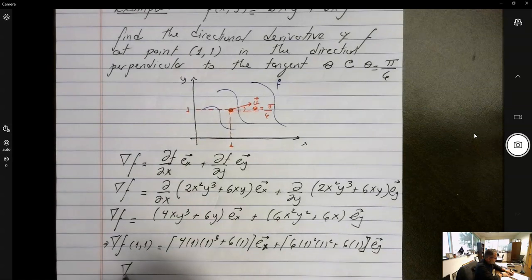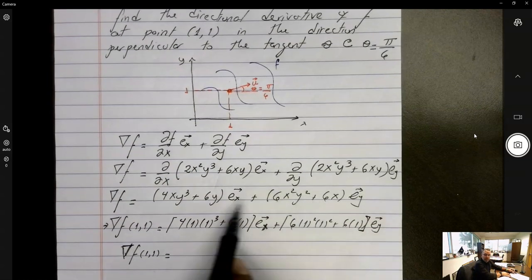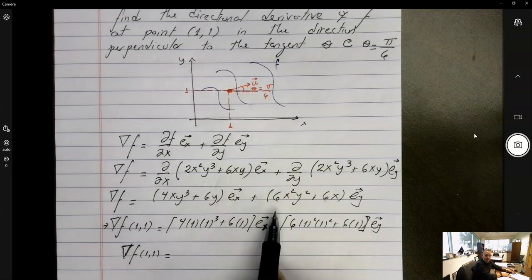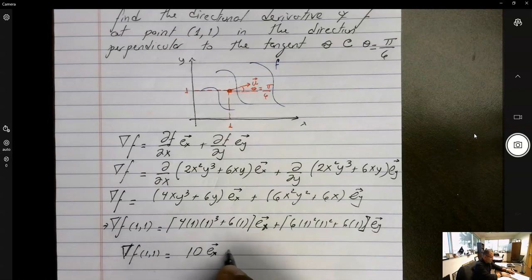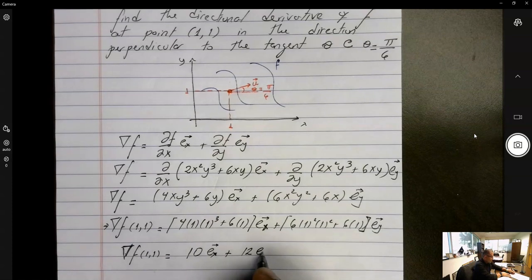So the gradient of this function f, which is a scalar function, is a vector field. A field means that it's a function. But now evaluated at a point, all we get is just a vector.